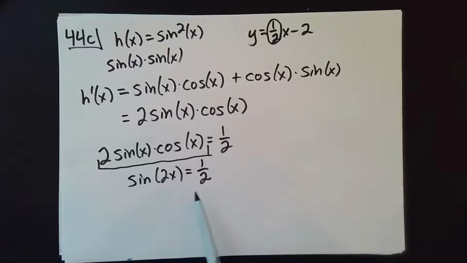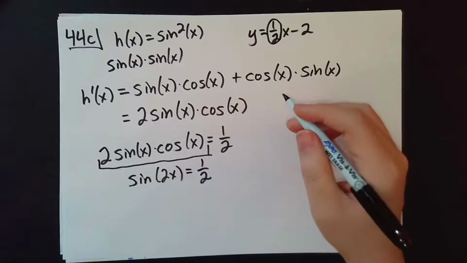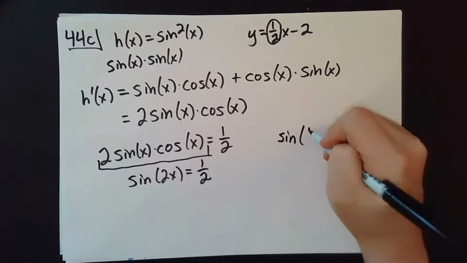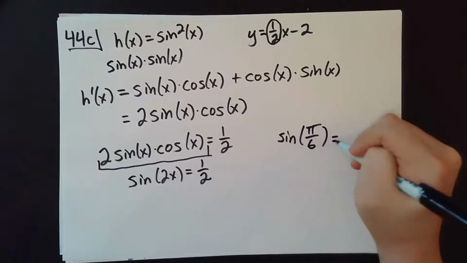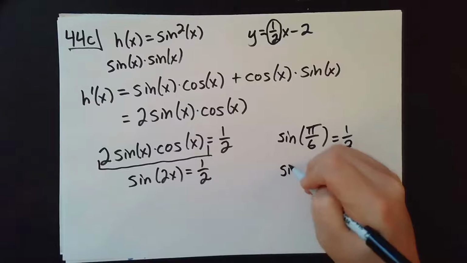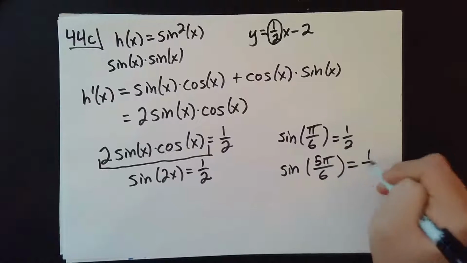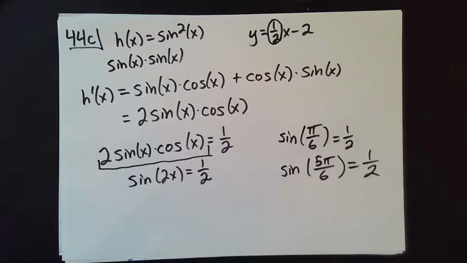So we know how to solve this. Here I'm supposed to write down the things where sine of that number is 1/2. So sine of pi over 6 is 1/2. Sine of 5 pi over 6 is 1/2. And those are the ones between 0 and 2 pi.